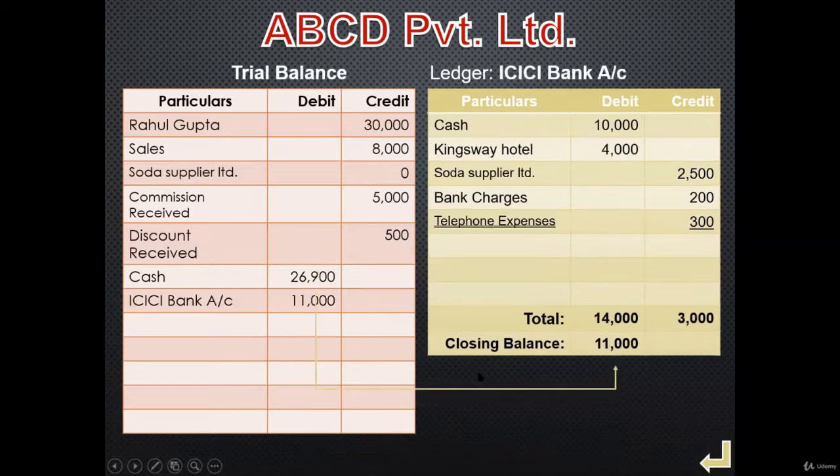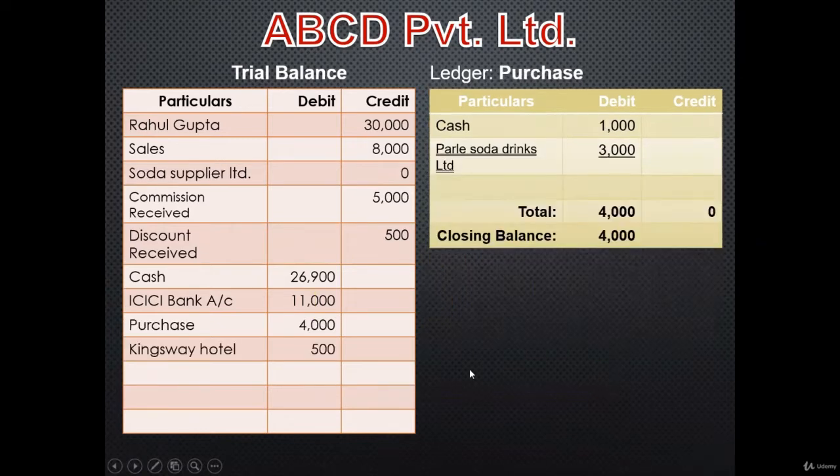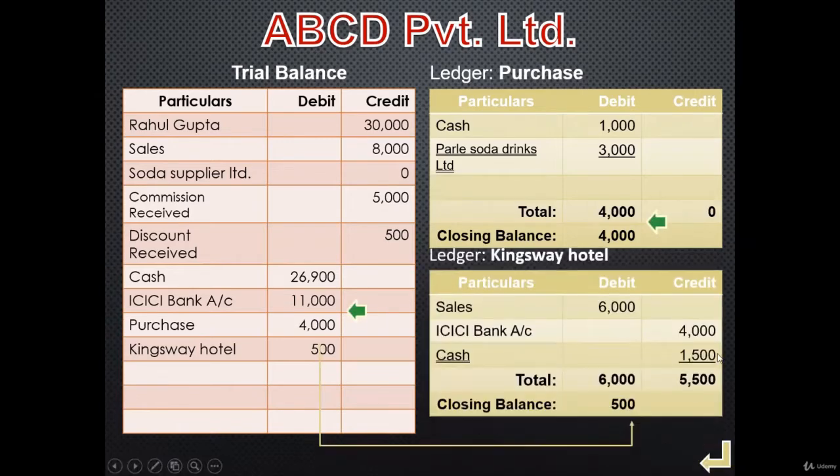In the ICICI Bank account, again we have a debit balance of rupees 11,000. I am transferring the same in my trial balance on the debit side. In the purchase ledger, we have 4,000 in debit side, transferring the same in purchase particulars of rupees 4,000 in debit of the trial balance. Then in Kings Bay Hotel, I have a balance of 500 on my debit side.